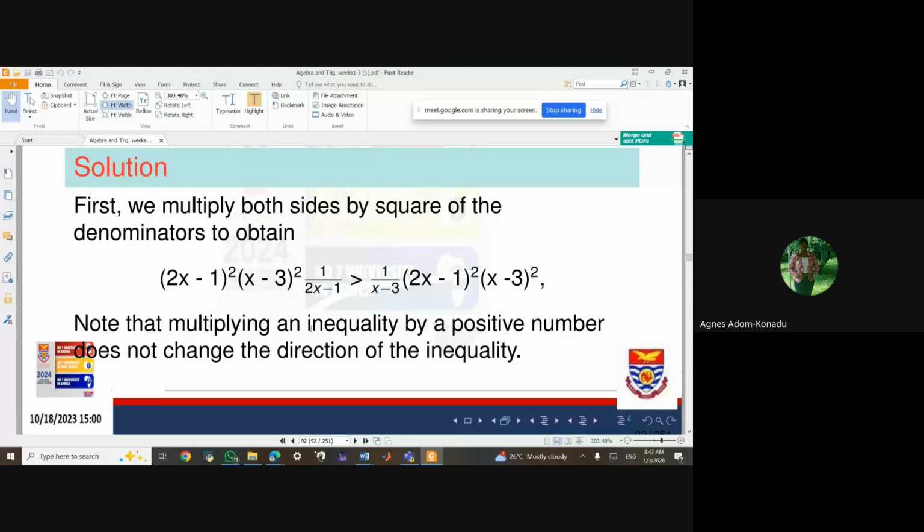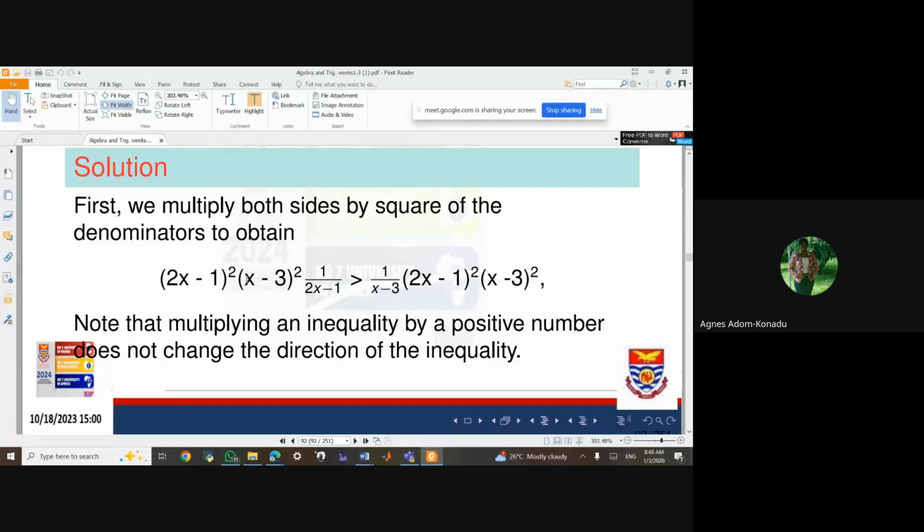Note that multiplying an inequality, we don't know, maybe when we multiply it through by the LCM itself, it can change the solution. So the best way to solve an inequality like this, 1 over something, is to multiply through by a positive number.